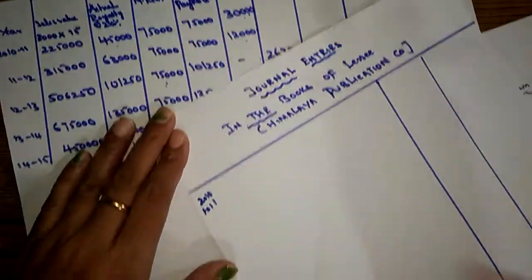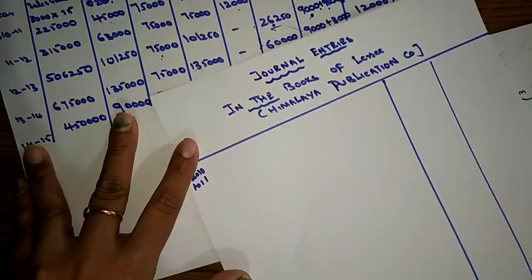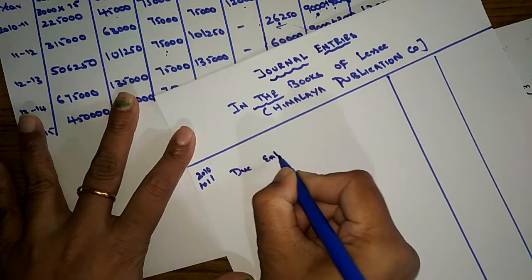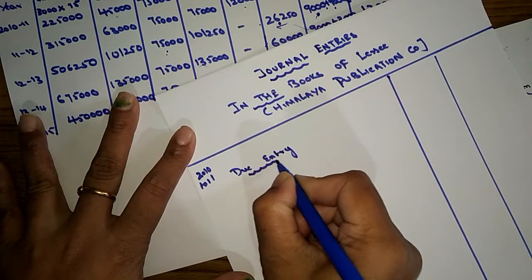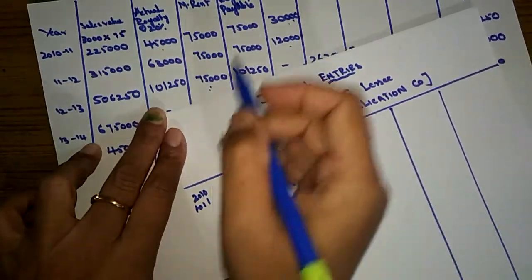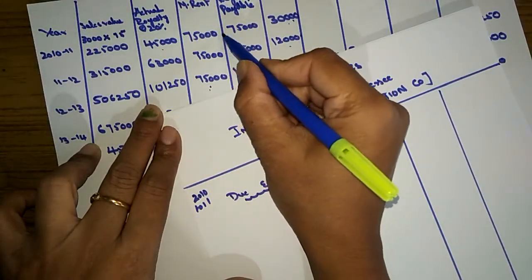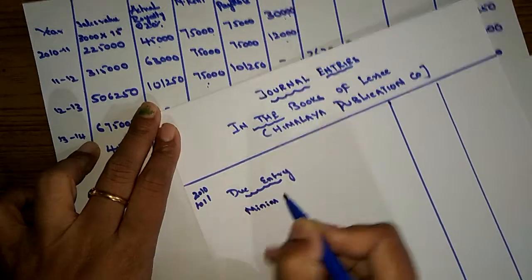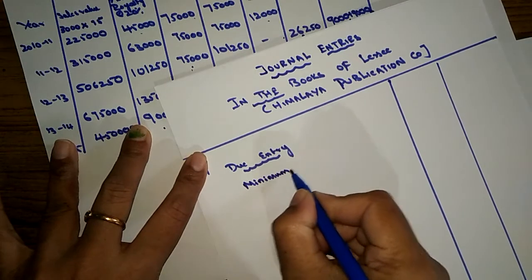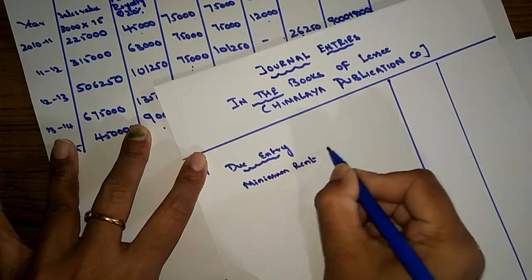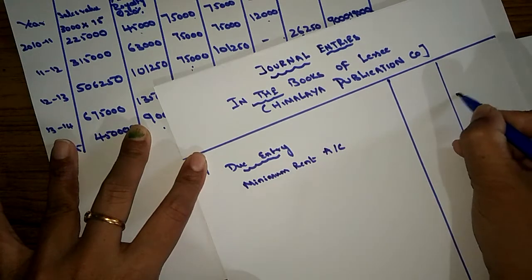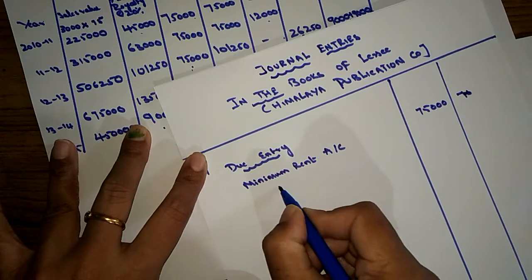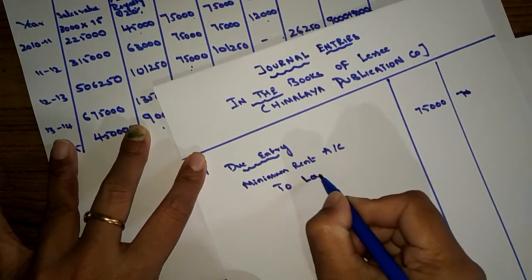So here the first is due entry. So how much is due in the first year? That is 75,000. Minimum rent account, it's 75,000 to whom it is due?